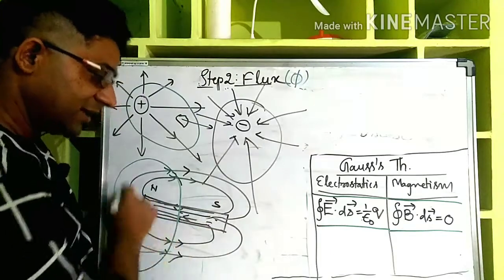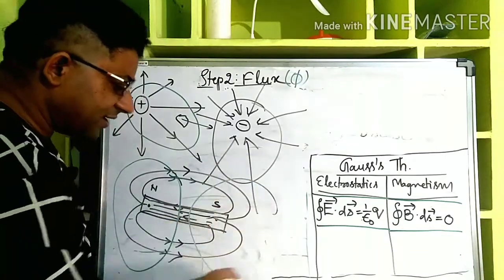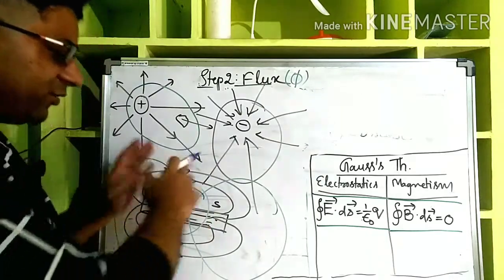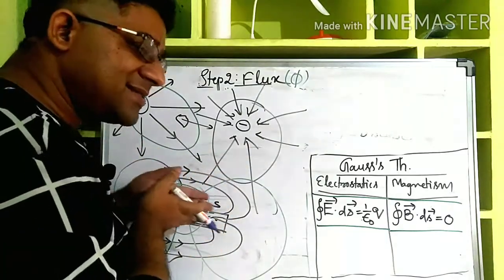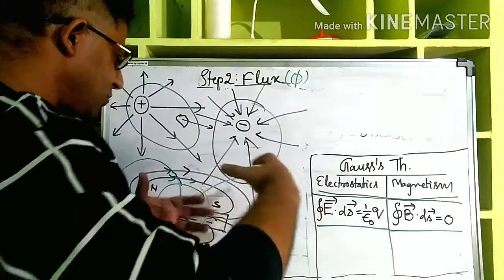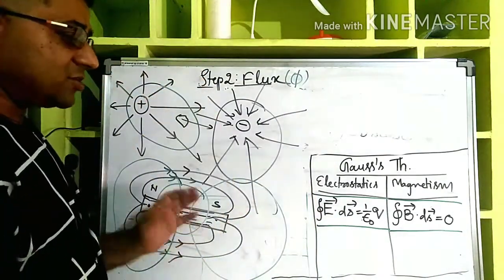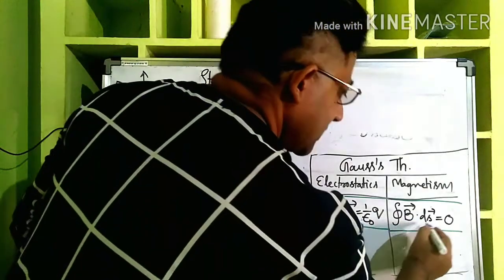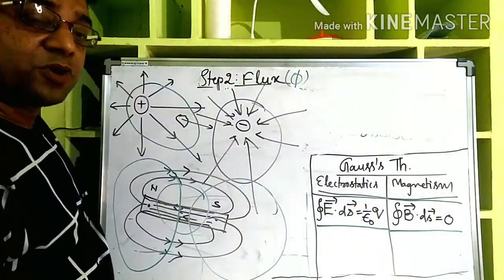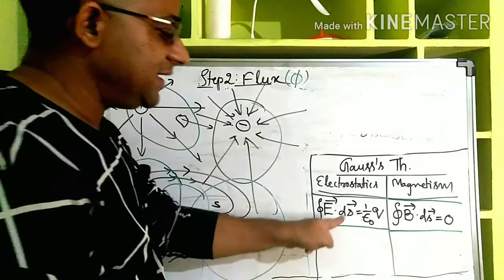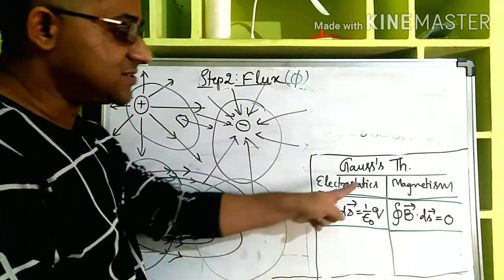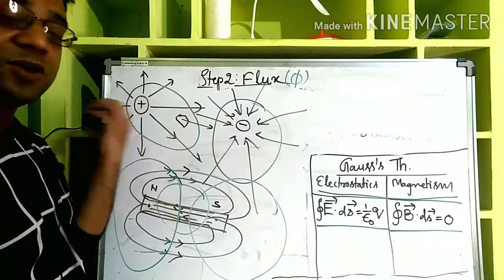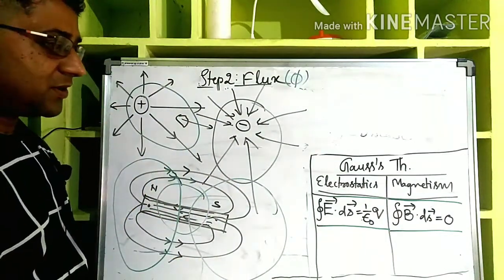So wherever you take the closed surface, as many lines go out of it as enter it. So the net magnetic flux is always 0 about a closed surface, whereas the net electric flux about a closed surface is 1 by epsilon naught times the charge enclosed in the surface.